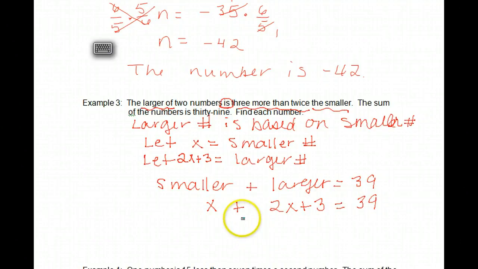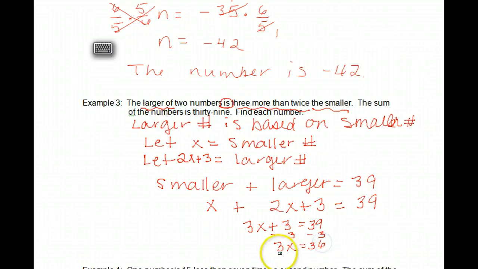We can now combine like terms. X plus 2x is 3x, plus 3 equals 39. We're going to subtract 3 from both sides. 3x equals 36. Divide by 3, and x equals 12.